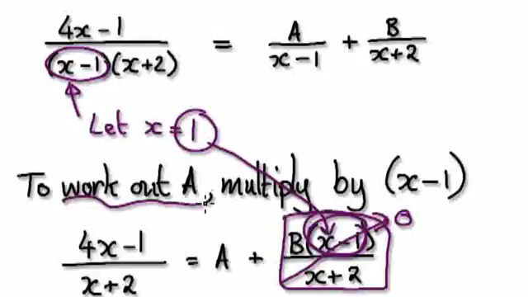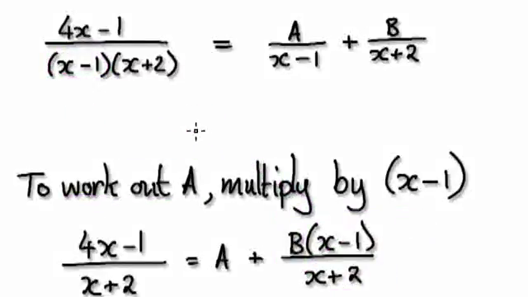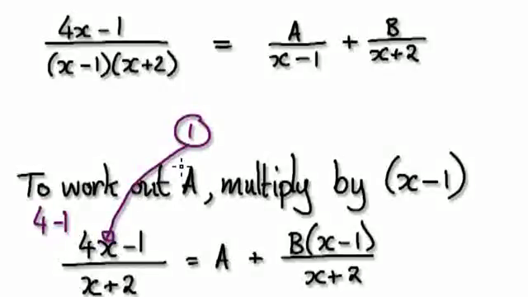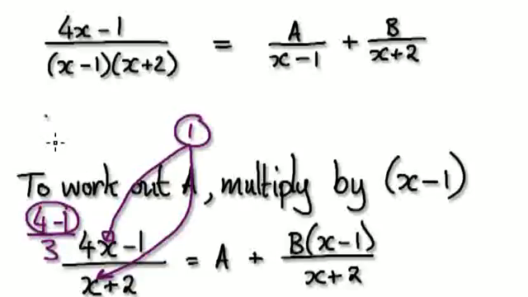So to work out A, you let x equals 1. So this whole thing here disappears, and then when you put x equals 1 into here, this will become 4 minus 1, and then put the 1 into here. So that will be 1 plus 2. That will be 3. So this thing here will be 3 over 3.